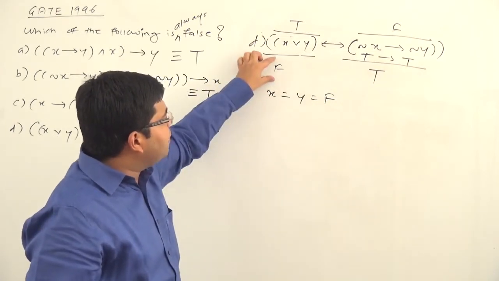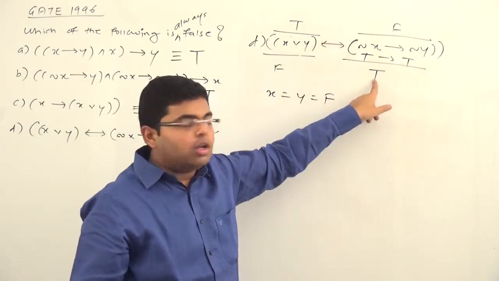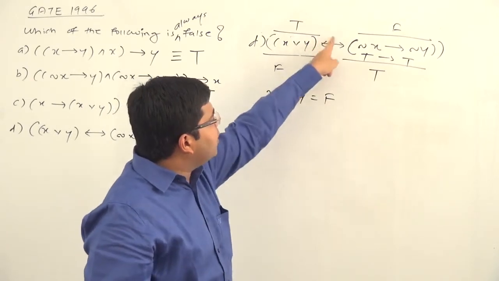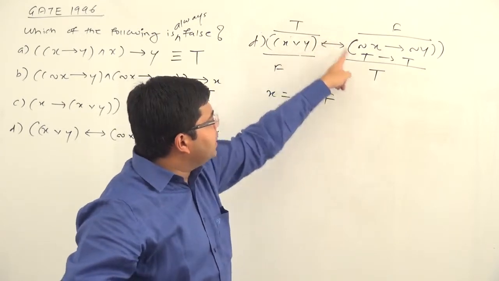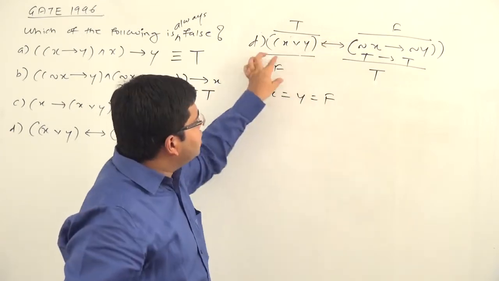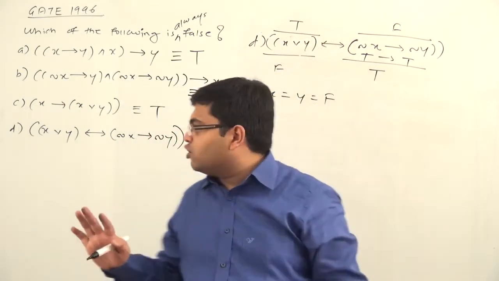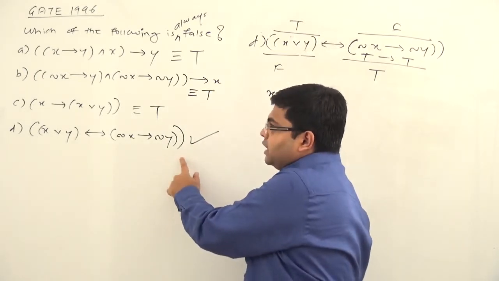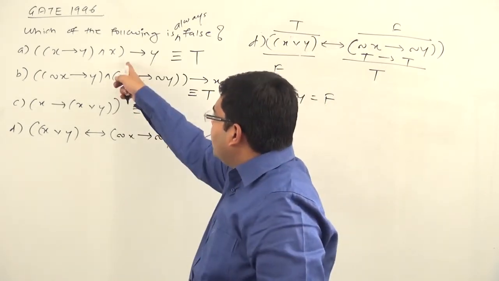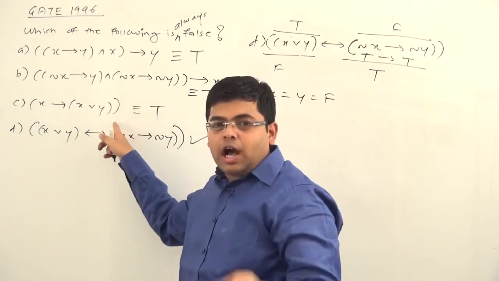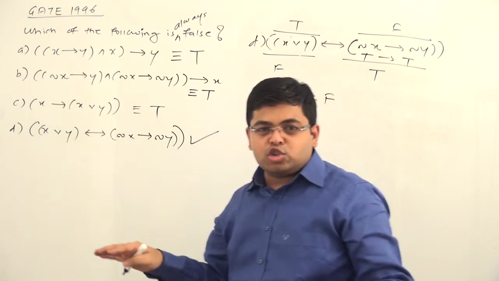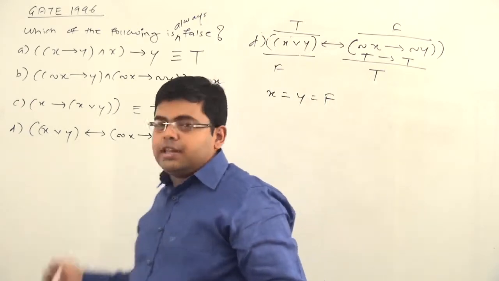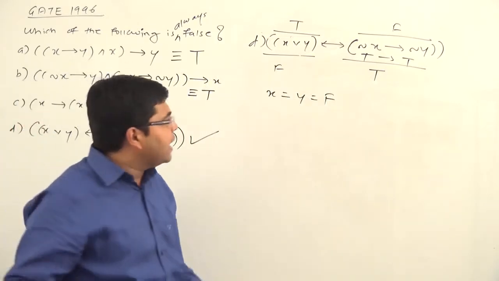So this formula can be made false double implies true, and you know that false double implies true is false. So the double implication is not satisfied, false and true are not the same, and that is why option D is the correct answer here, because options A, B and C are tautologies. Options A, B and C are always true, they cannot be made false, and therefore option D will be the correct answer.